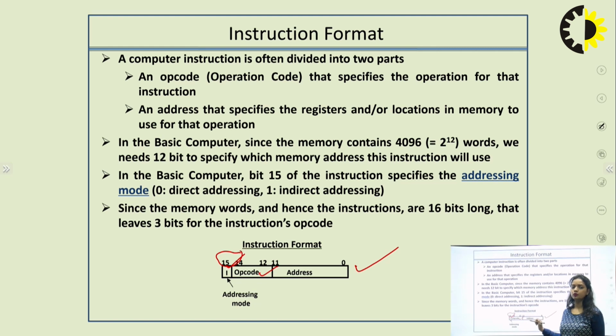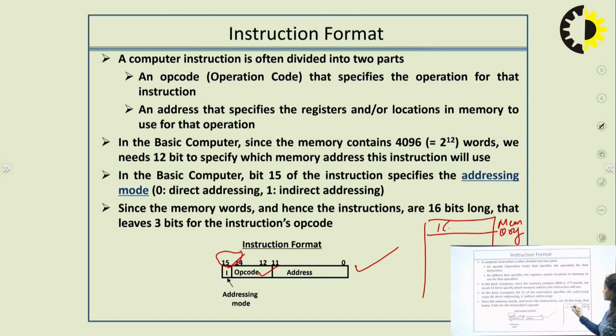Suppose this is the memory, and we have a 16-bit instruction in it. When we fetch it, it will be copied to this IR register, which is again 16 bits, and this is its distribution: the address, the operation code bits, and the mode bit.